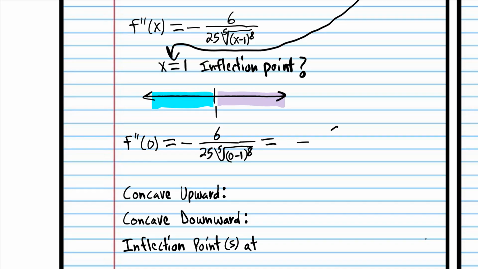And then we get negative 6 over 25 times the 5th root of negative 1 to the 8th power.